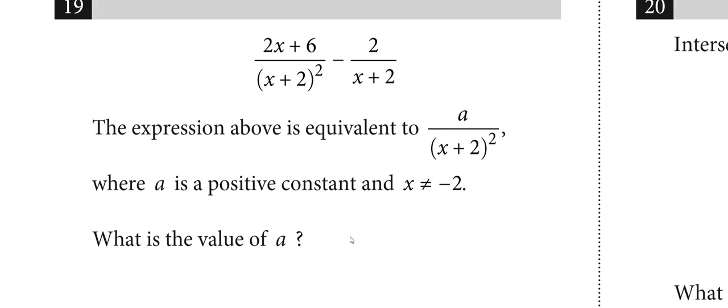Number 19, the expression above is equivalent to a over x plus 2 quantity squared, where a is a positive constant and x does not equal negative 2. What is the value of a?